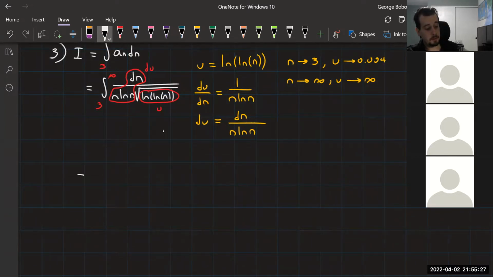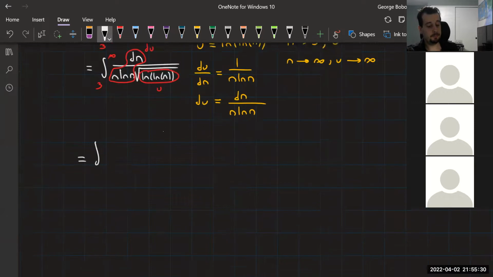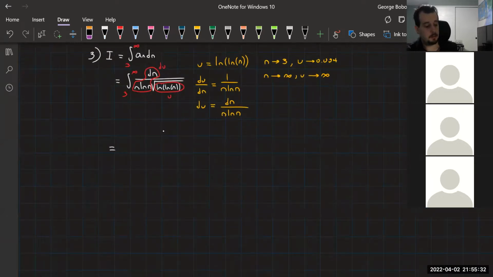Let's do it then. We've got the integral from 0.094 to infinity of du over square root of u. Square root of u in the denominator can be brought upstairs and be written like this. Natalie cannot really type this fast, so I'm going to give it to Pranav to do.